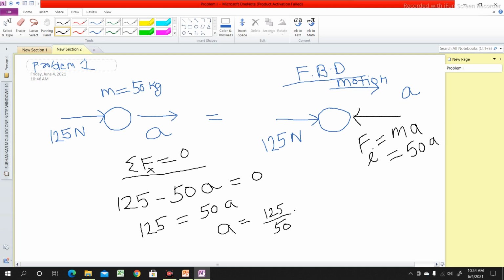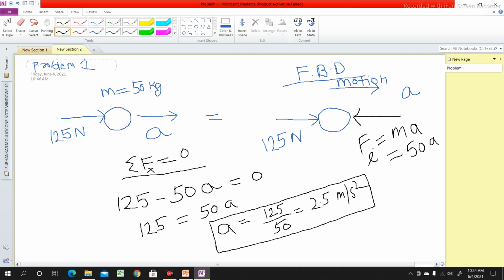How much is it coming? 125 by 50 is 2.5 meter per second square. So this is the answer of the problem.